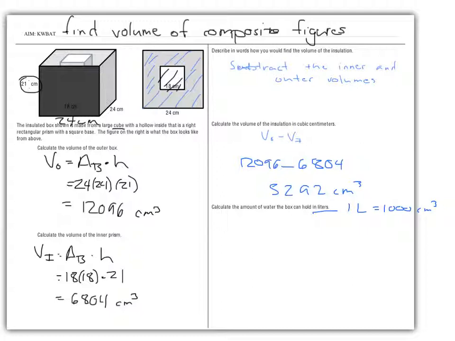We've seen this plenty of times before. If 1 liter is 1,000 cubic centimeters, to get it back down, there'd be somewhere between 5 and 6. And we want to do the division: 5,292 divided by 1,000, and that's going to give me 5.292 liters.